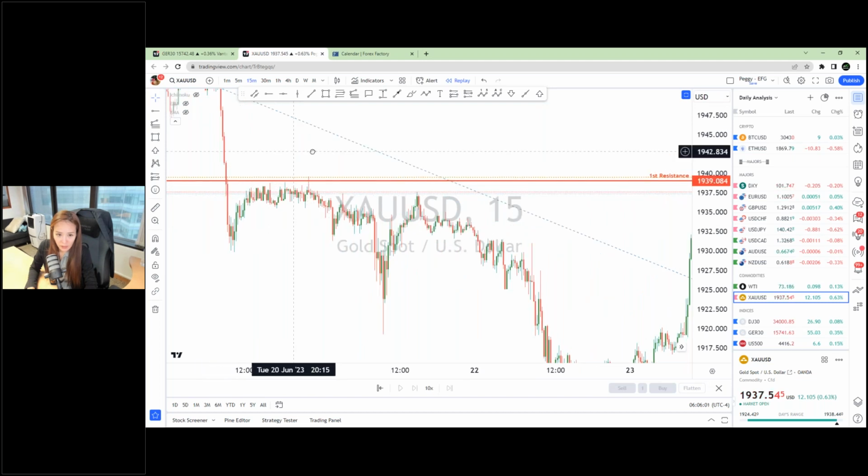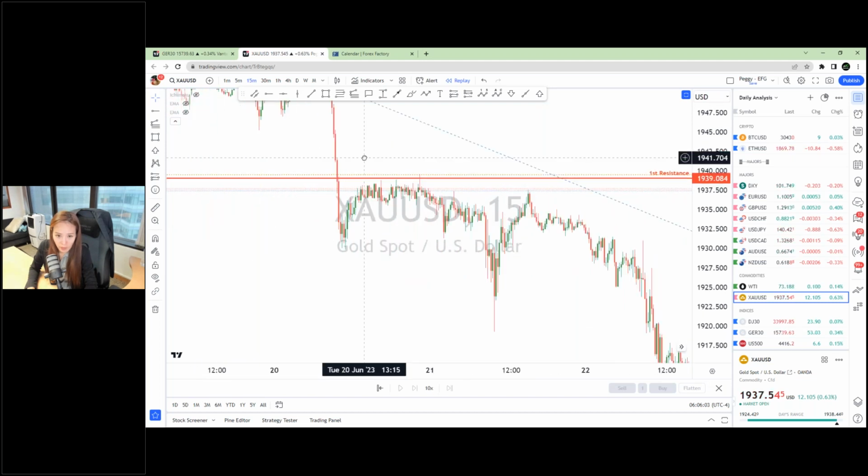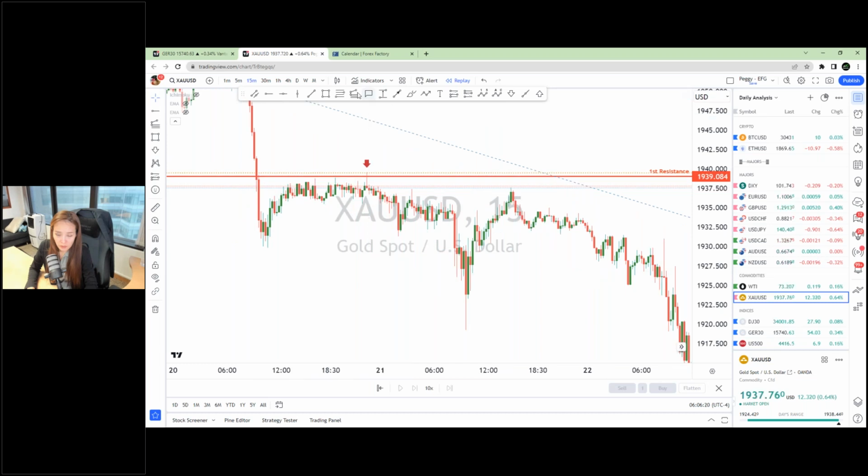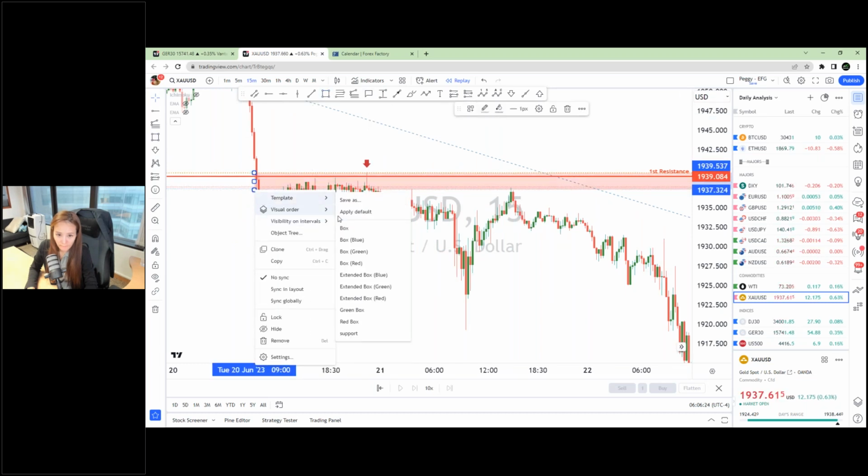Okay, if you were to trade demand and supply zones, this is a hidden base, whatever you call it, and you will get your entry at this candle, because usually people will trade using this zone.